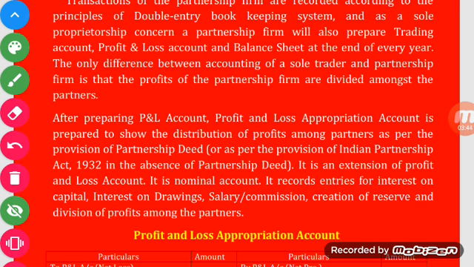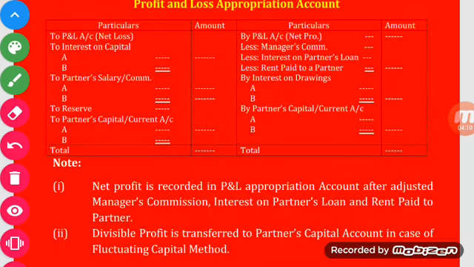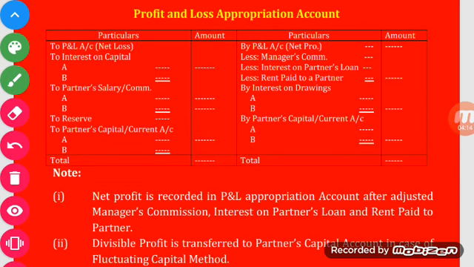The profit and loss appropriation account is prepared after the profit and loss account to distribute the profits among the partners and for appropriation of the profit. Is it clear? How this account is prepared, we will discuss here. The format you are seeing on the screen is the format for the profit and loss appropriation account.